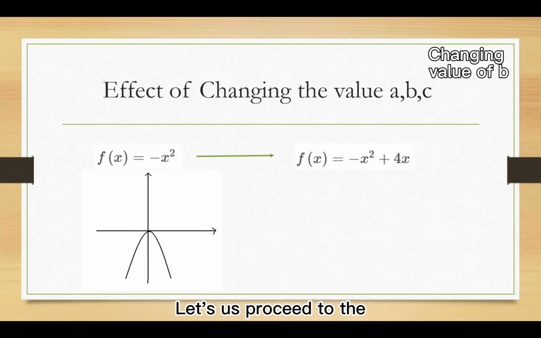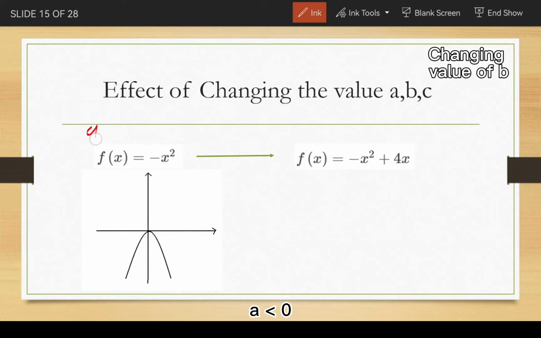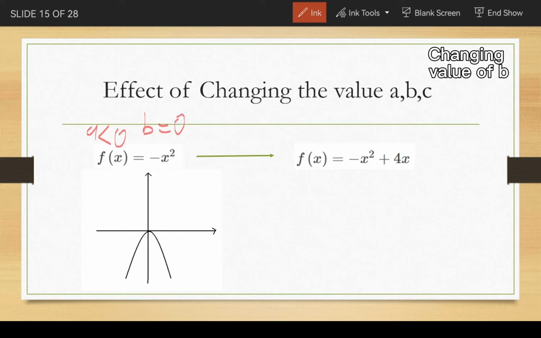So next, let us proceed to the question where a is smaller than 0. For this question, the value of b is 0 and then the value of b is 4, which is increasing.